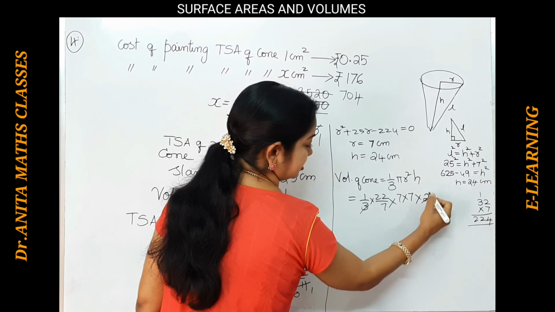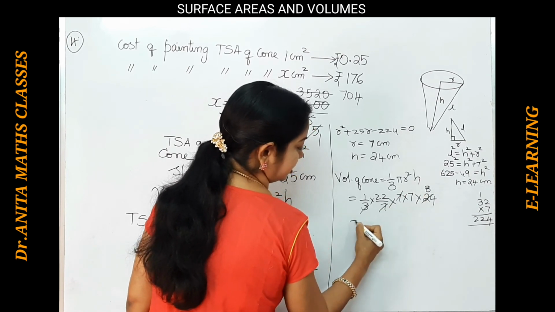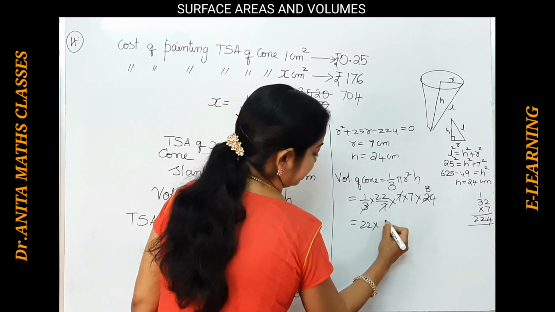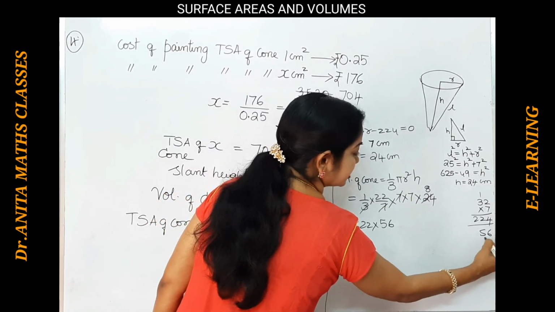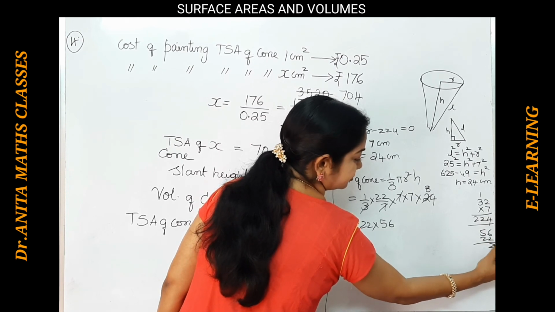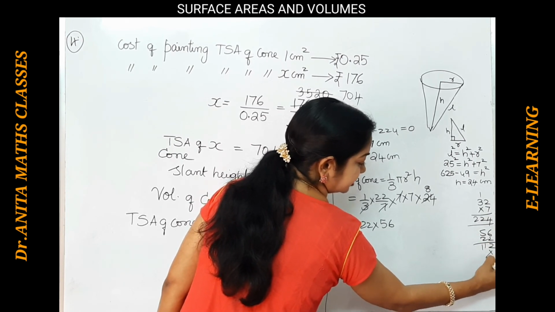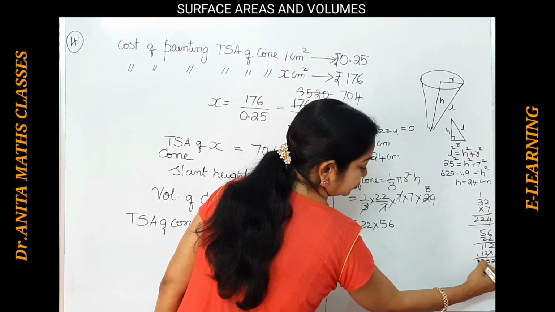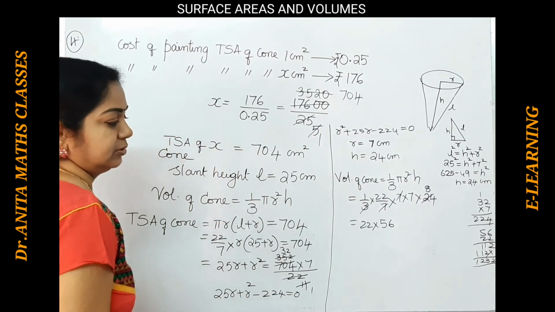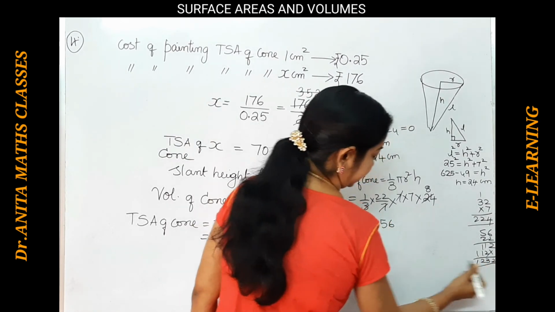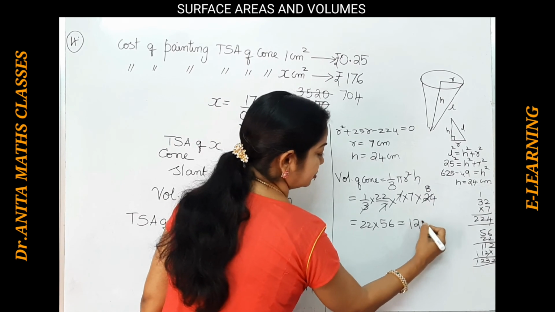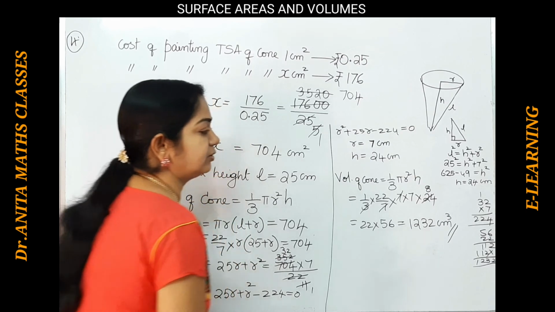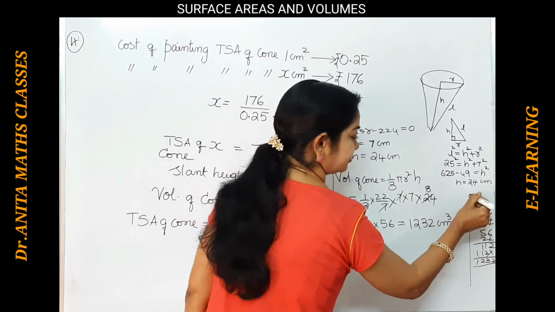So 3 8s are 24, 7 goes off here. 22 into 8 is 176. That means it is 1232 centimeter cube. Cubic centimeters is the volume of the cone. This is the rough part.